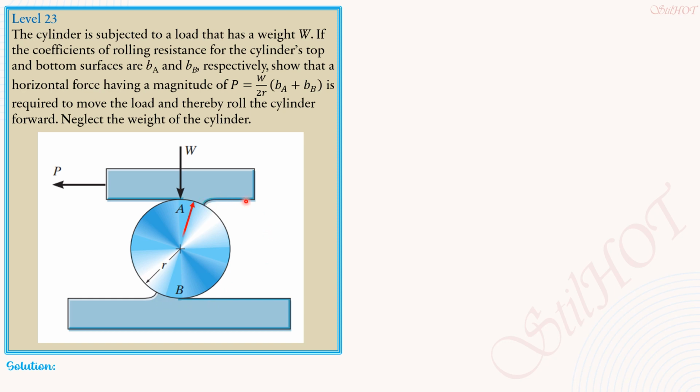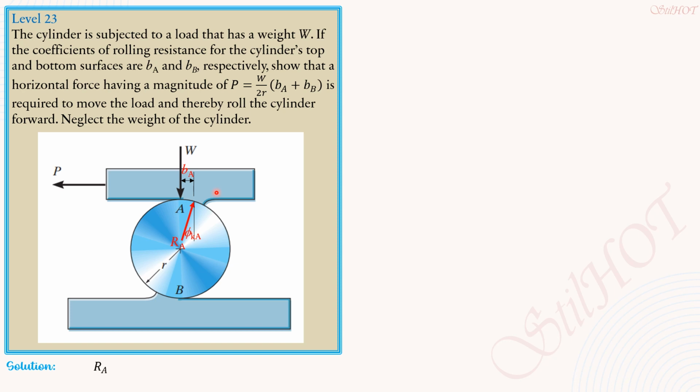So for the upper part, this is R sub A, and we call this distance the coefficient of rolling resistance b sub A, as shown. Then let's have the angle here, which is phi sub kA.